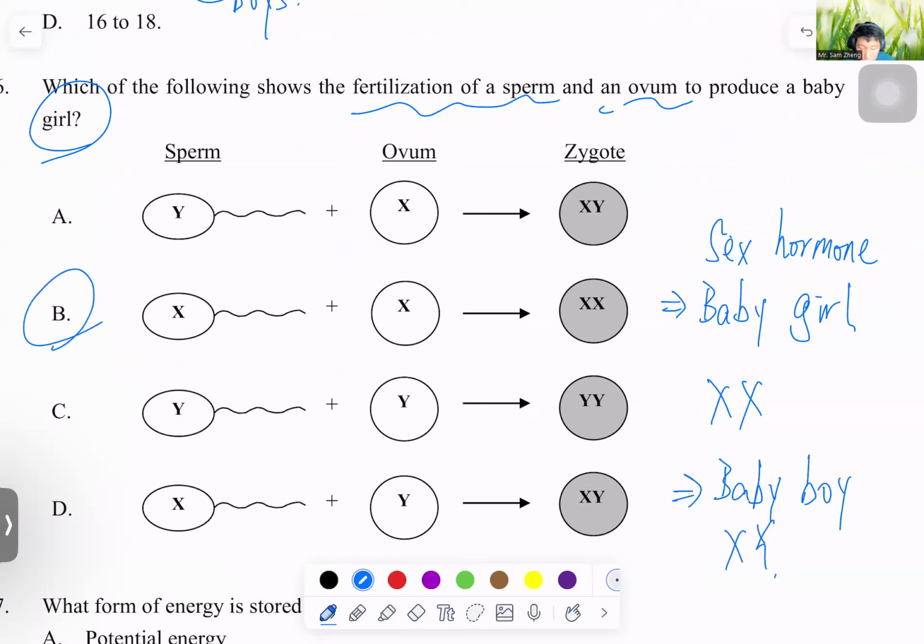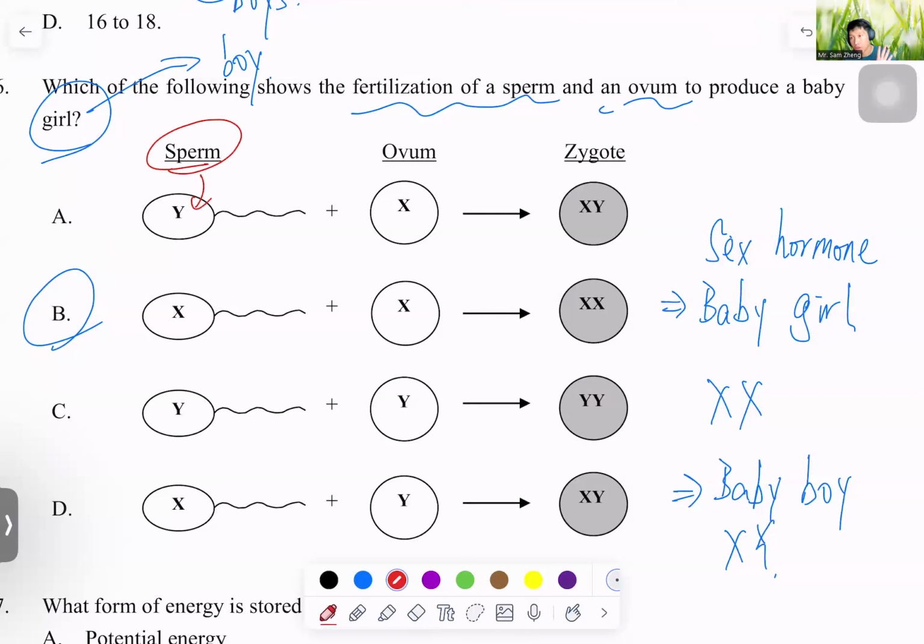But of course, maybe next time if we ask you about the boy, you need to know that it should be X and Y. You will see that from the options, both A and D would be X and Y, but in fact there is only one correct answer from A and D. Why?